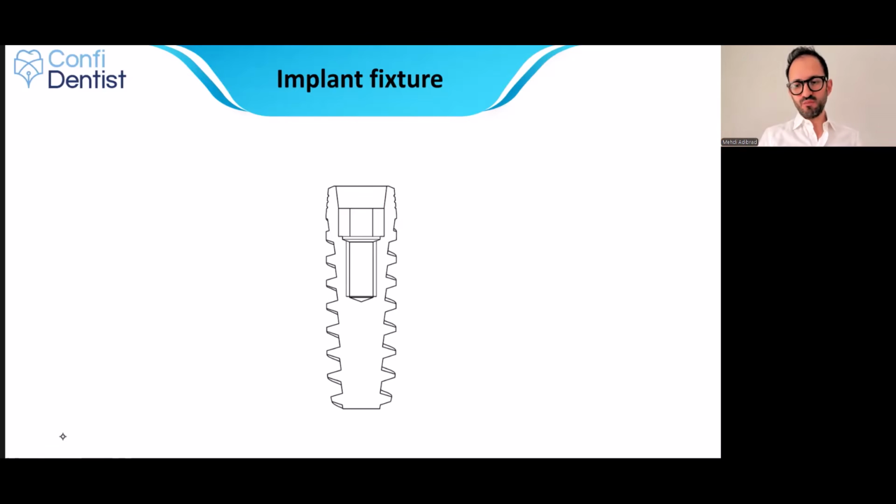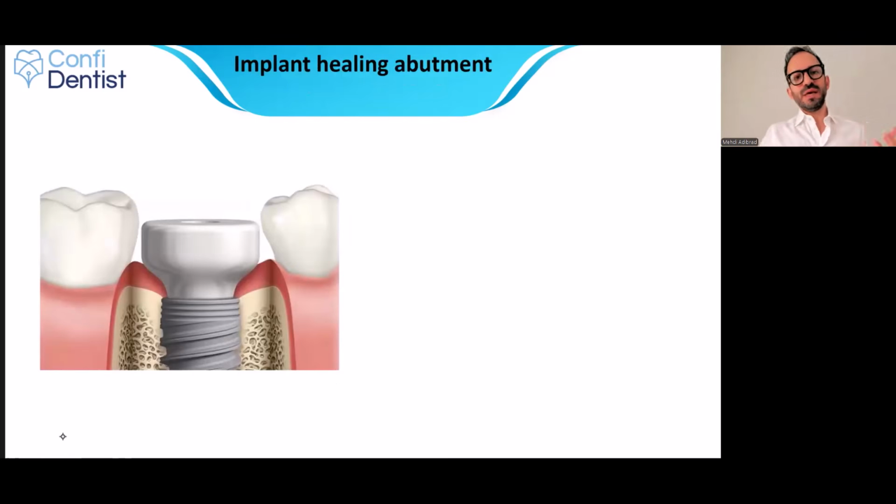So once you place the implant fixture inside the bone surgically, as I said, depending on the protocol that you follow, usually if you are able to achieve good initial stability, like more than 25, 35 Newton centimeter torque, you can place the second component, which is called the healing abutment.